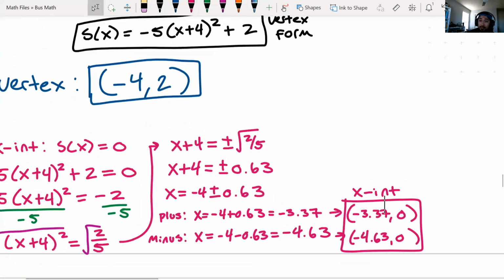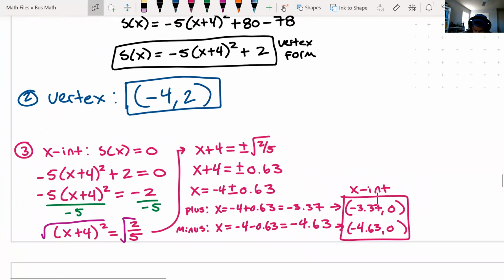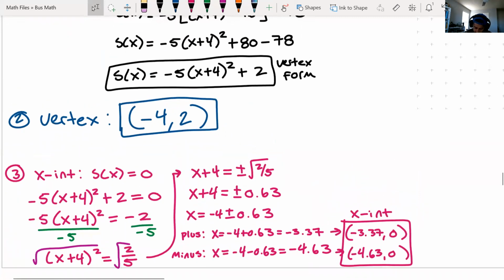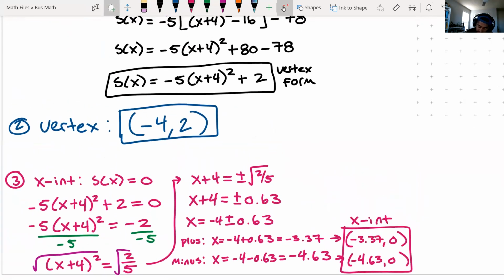That's just ugly. Okay. And then we need the y-intercept.